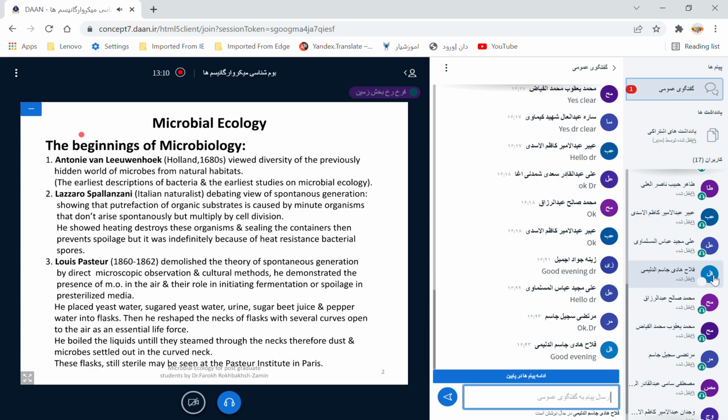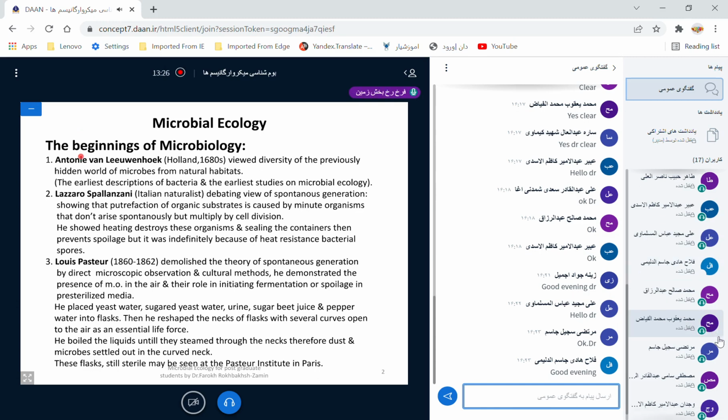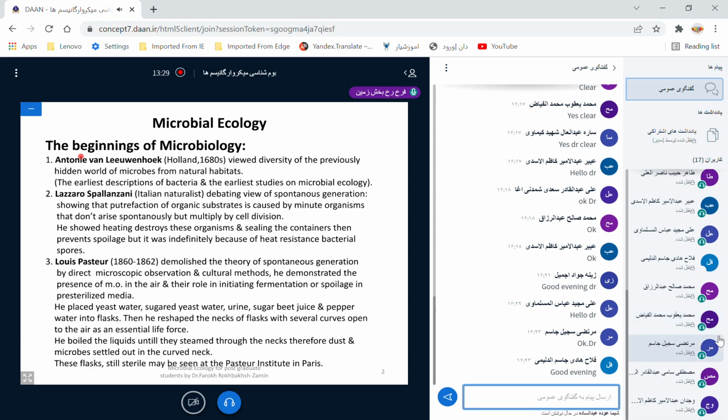But for understanding microbial ecology, the invention of the microscope was needed. So first, right now, we want to have one introduction. In half an hour, we want to have an introduction before starting microbial ecology. Okay.